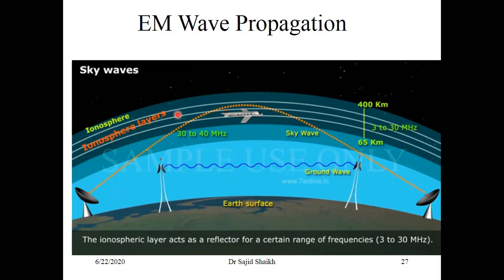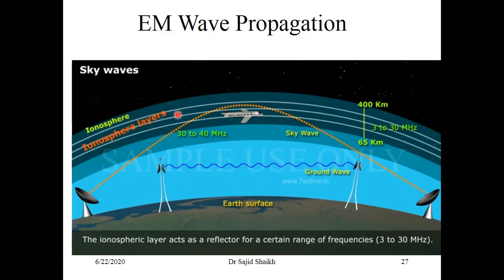Now we have to understand the significance of these layers, and what is the role of these layers in our electromagnetic wave propagation. Because why are we going to study the ionosphere?